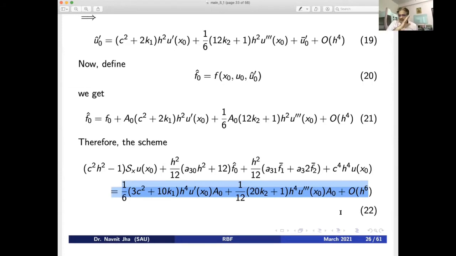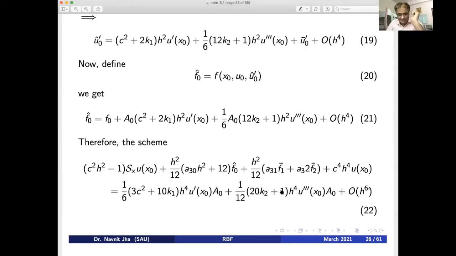And this other term is a problematic thing that we have to manage. Now, see, here it is h4, and the coefficient of h4 comes out to be this. Similarly, here also it is h4, with this coefficient.